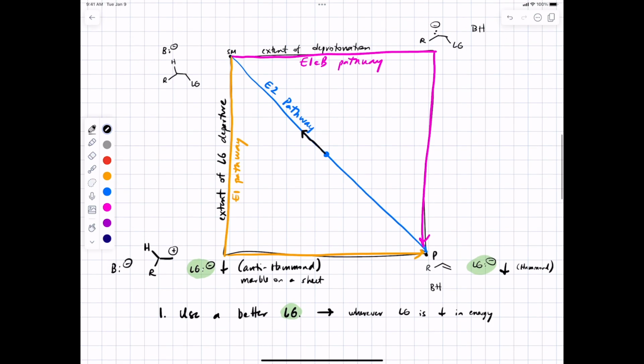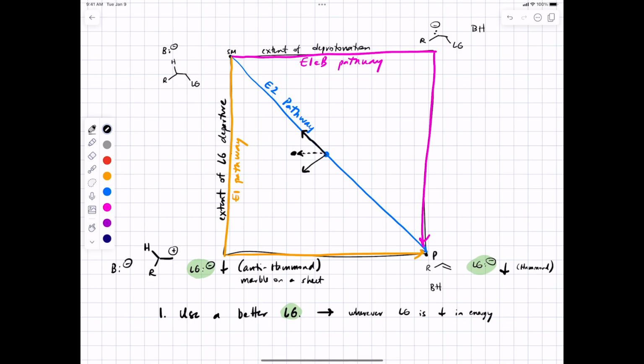If I lower the lower left-hand corner, the marble's going to be pulled in this direction towards that corner. Both of these effects add together in vector fashion, and the sum, with this dotted line, puts the new transition state here.